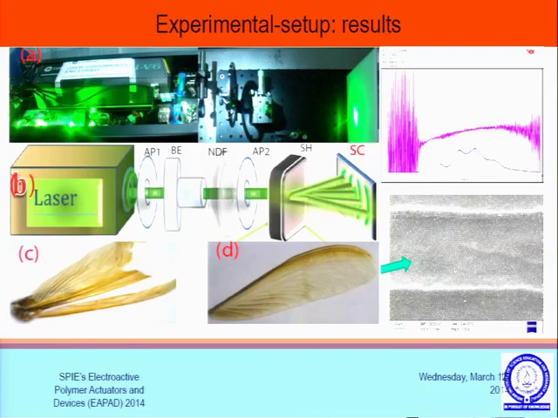This is my laser system, and this is a sample holder in which one can put the wings of the insect. My wings are not perfectly transparent; here I am showing the 60 to 70% transmittivity of the wing surface. These are the SEM images of a portion of this wing surface. One can see that there is a microstructure arrangement on the wing surface.